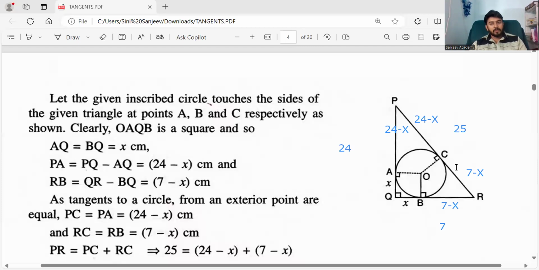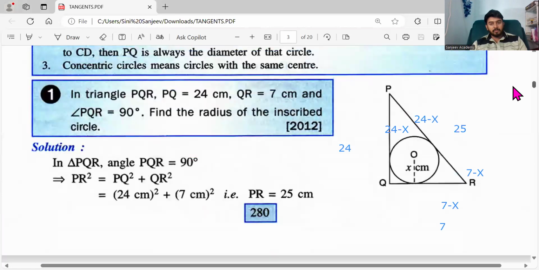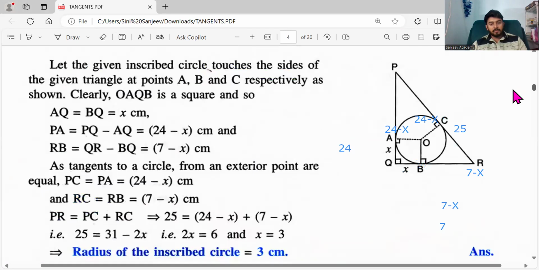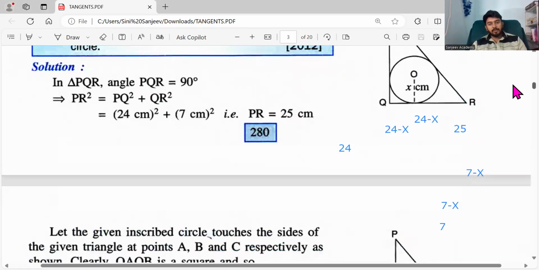Okay, so I'm just browsing a little bit down now. Yes. So once you're done with that, my PR is going to be PC plus RC. I'll be getting 24 plus 7, 31 minus 2x. So I can find what the x value is.